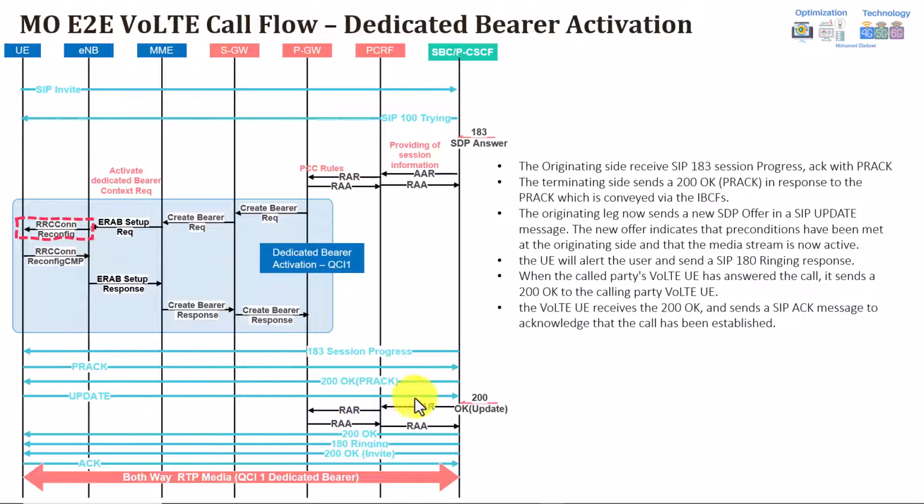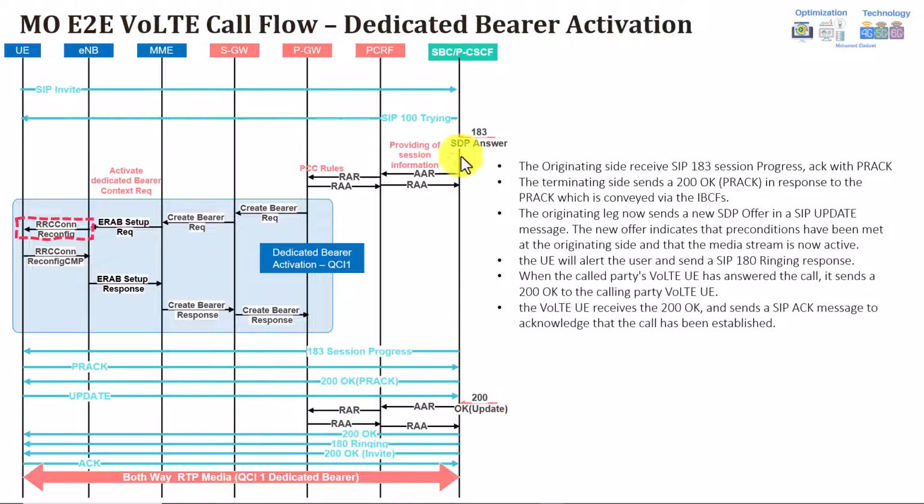So the UE will send the update message as we explained. Once you send the update message, the PCSCF will receive 200 OK update for that part, but first it will change the flow status from off to on, informing the PCRF that both sides now have been activated.